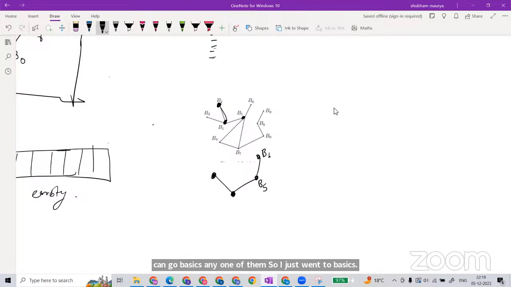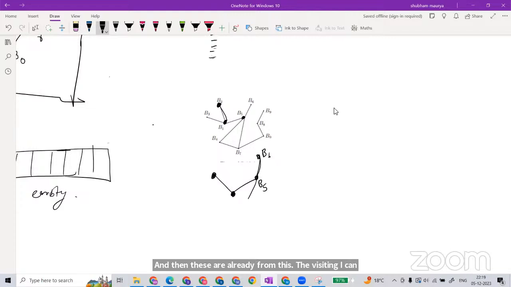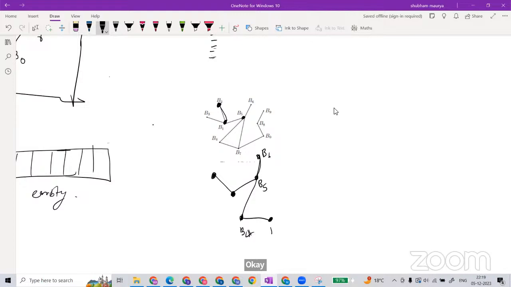And B6 is done now. Then I will back to here, and these are already visited. Now I will go to B4. From B4 I can visit a new vertex, which is B7. From B7 I can visit a new vertex B0, because B5 is already done.